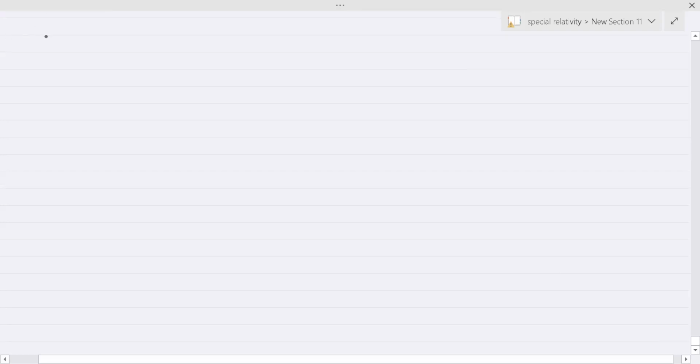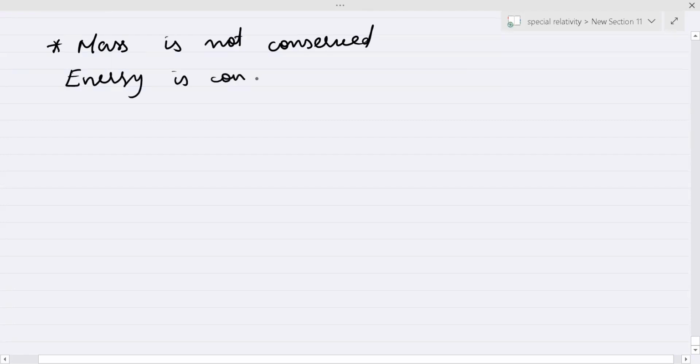And again, we see the important point that mass is not conserved. Energy is conserved, momentum is conserved, but mass is generally not conserved.